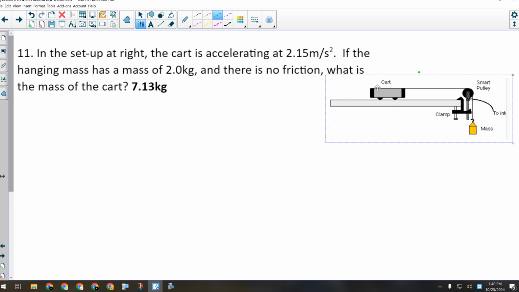What am I keeping the same that's really important by doing that? I'm keeping the mass of the system the same. I'm not adding more mass to the system. What I'm trying to find out here is the effect of force, my manipulated variable, on acceleration, my responding variable.